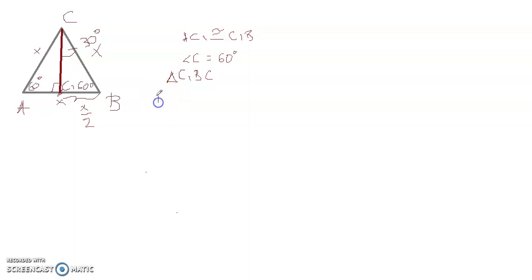Now we will apply the Pythagorean theorem to this triangle, and we will get that CC1 squared is equal to x squared minus (x over 2) squared, so this is x squared minus x squared over 4, which is 3x squared over 4.